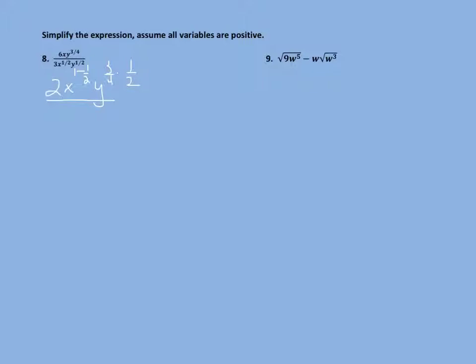We got rid of the whole bottom, so that means it's a 1 right now. So I have 2x to the 1/2, y to the 1/4. We don't need a bottom at all. There's no negative number, so. Or you could have said 2 times the square root of x times the 4th root of y, but I would leave it just like that.